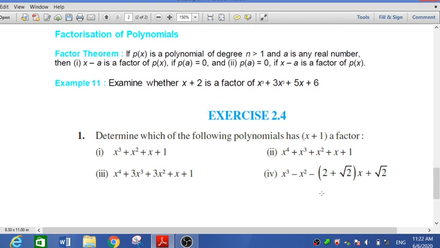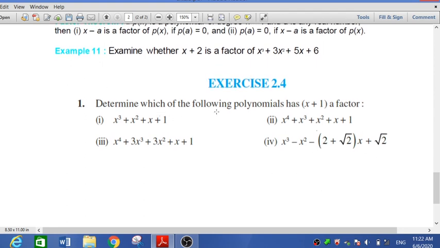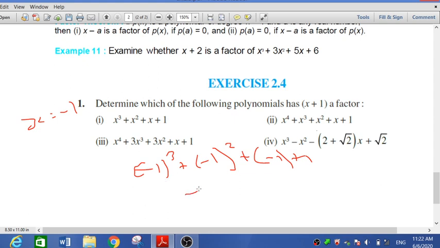Now same thing we have to check here. Determine which of the following polynomials has a factor of x plus 1. So if x plus 1, x is equal to minus 1 I have to put. Minus 1 to the power 3 plus minus 1 to the power 2 plus minus 1 plus 1. Now minus 1 to the power 3 is minus 1.